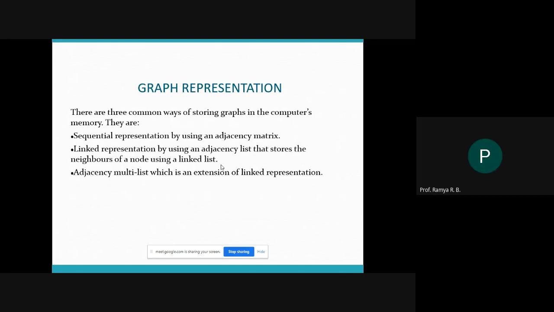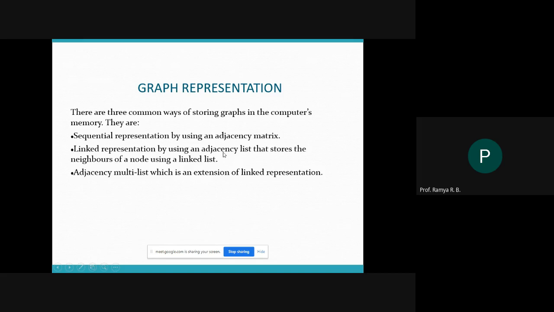Yes, very good. So graph representation has two basic types and one additional type. Sequential representation by using adjacency matrix and linked representation by using linked list. Sequential representation means we'll be using an array only, a multidimensional array. Linked representation means we'll be using a linked list.